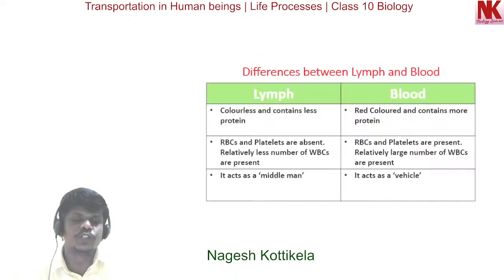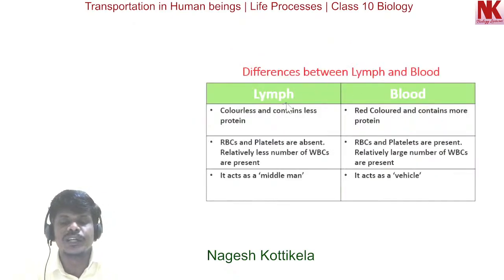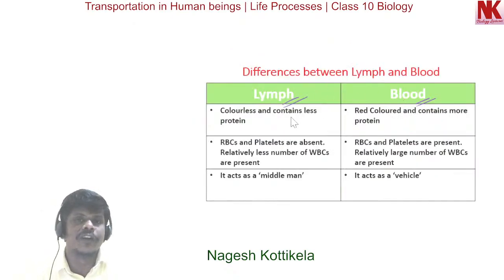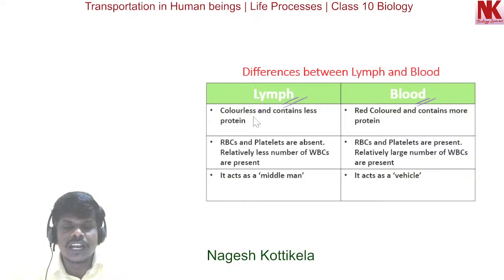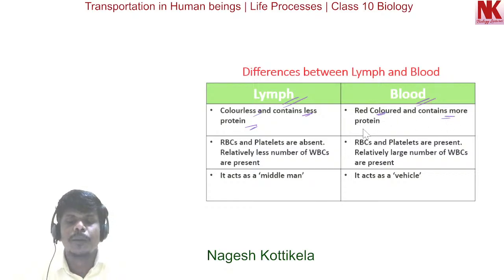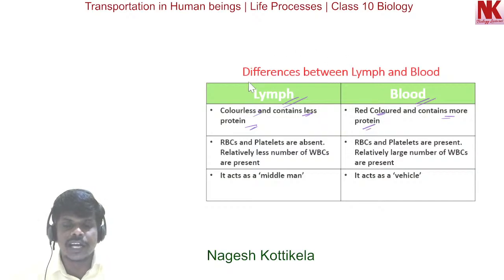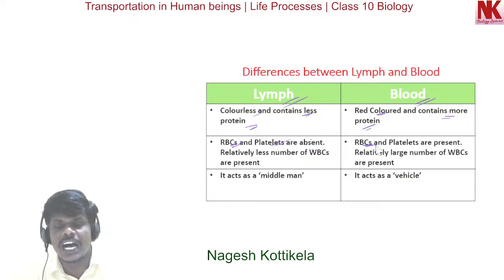Now let's check the differences between lymph and blood. Lymph is colorless and contains less protein, while blood is red in color due to the presence of hemoglobin, and it contains more protein. In lymph, RBCs and platelets are absent, but in blood RBCs and platelets are present.